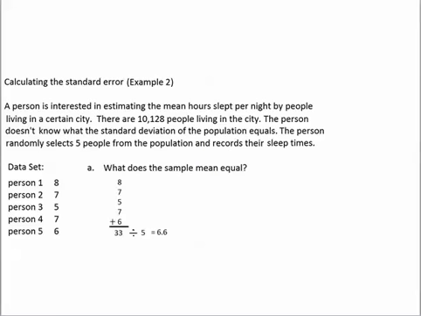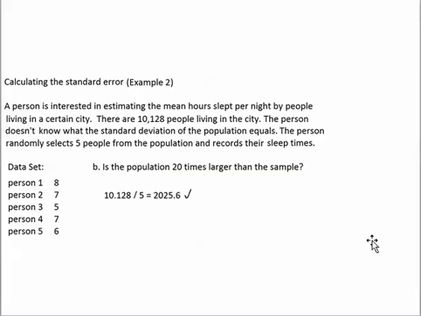First, let's actually get the sample mean. If we add the answers and divide by 5, the sample mean is 6.6. That's the average of our sample. Now, once again, we need to know if the population is 20 times larger than the sample. That's because if it's not 20 times larger, we need to add that extension to our formula, the FPC.